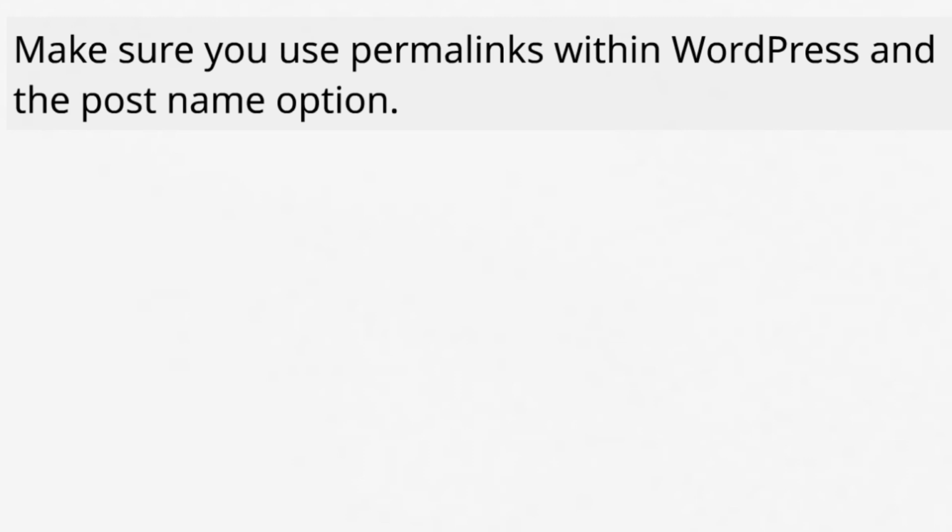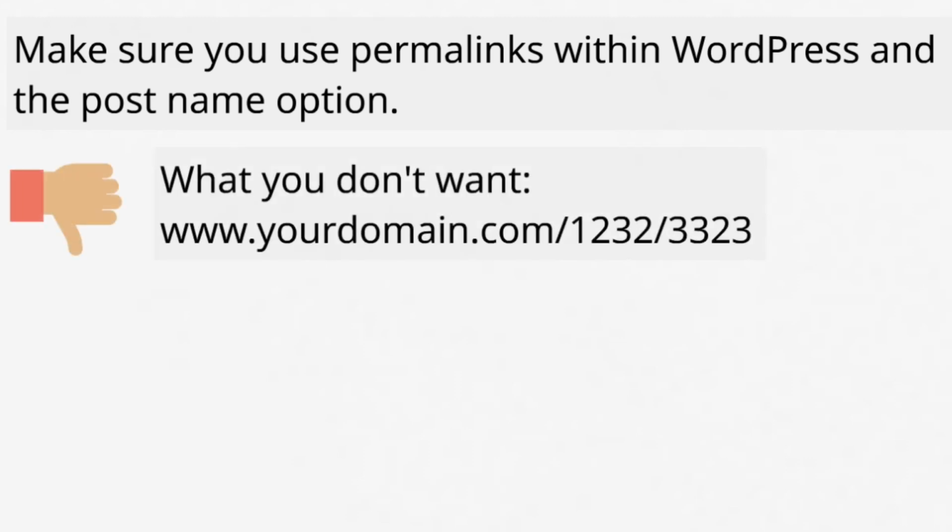But for now, I just want to tell you right off the bat, you don't want your domain to look like this: www.yourdomain.com/ something like 12325/3323, or even question mark 123 equals 123. You definitely don't want your domain to look like that, and it looks like that by default.